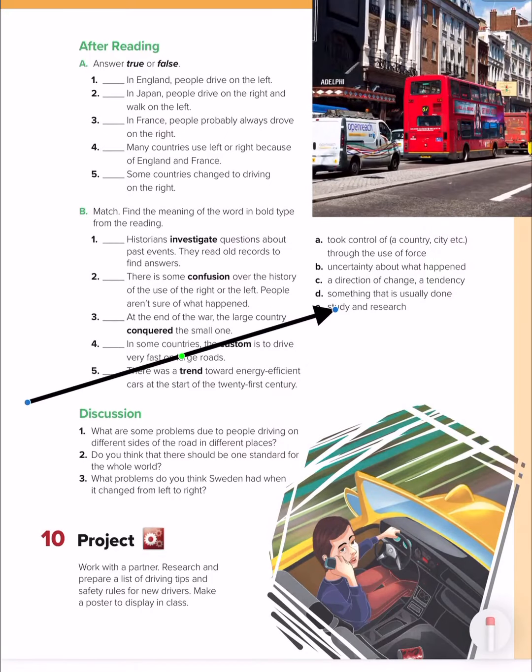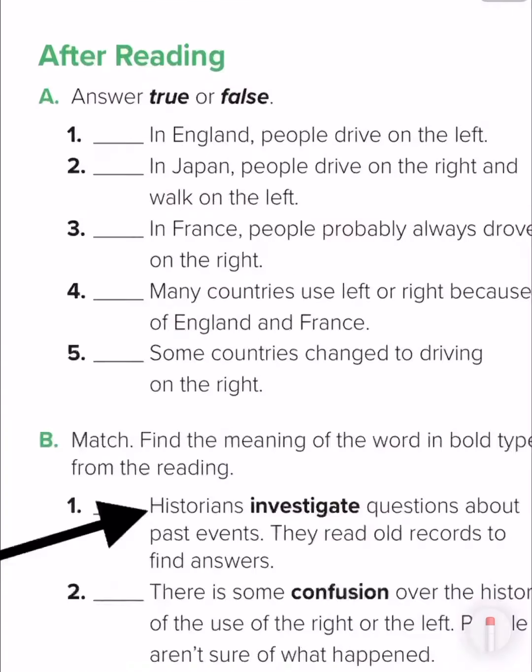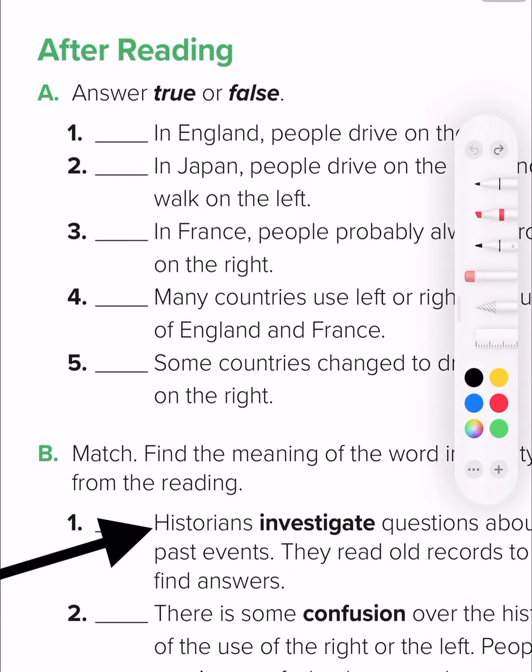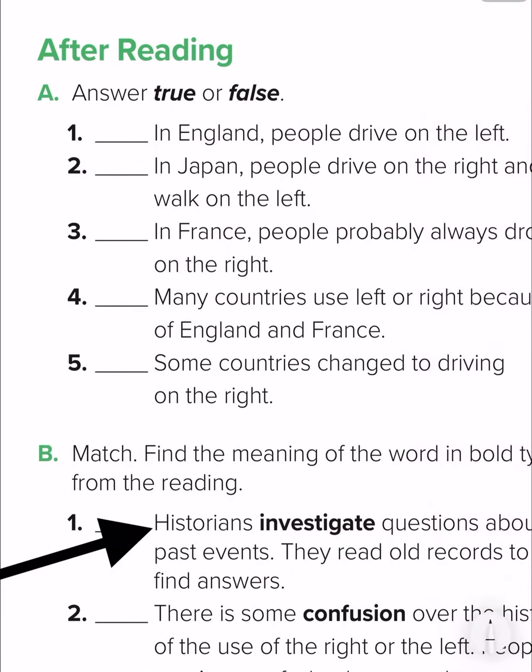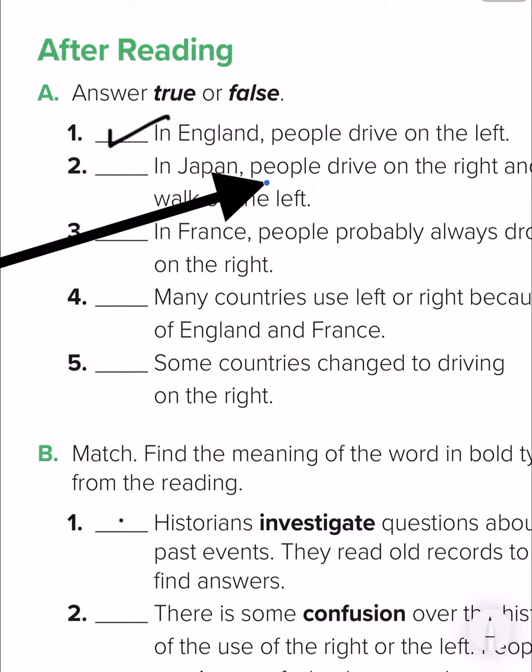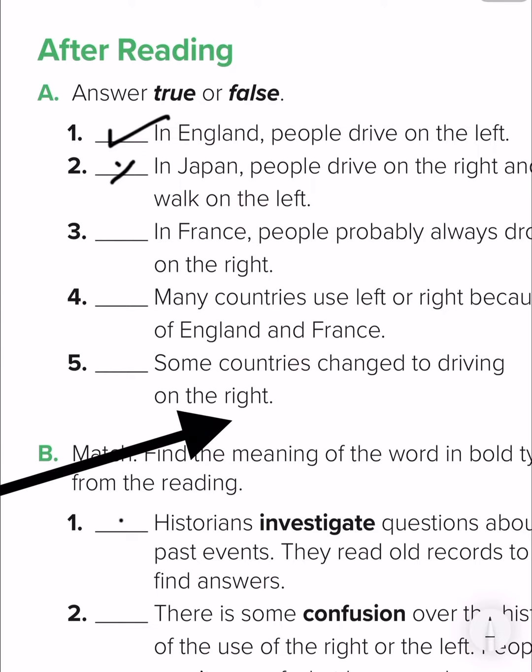Look, what do we have here? Write yes or no. Answer true or false. Number 1. In England, people drive on the left. So yes, of course. As we read, we will say yes here. Number 2. In Japan, people drive on the right and walk on the left. No, of course.